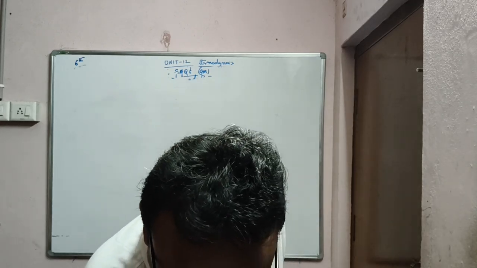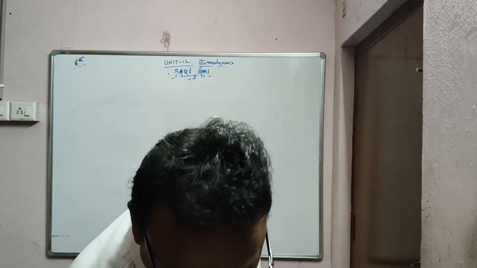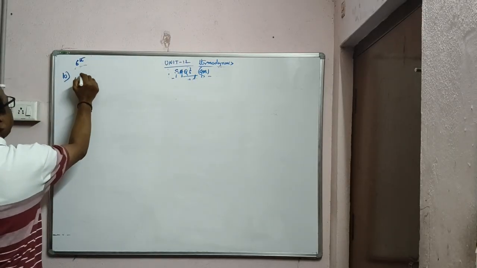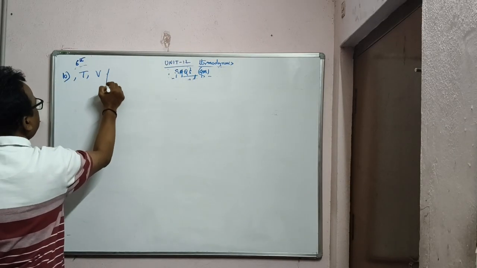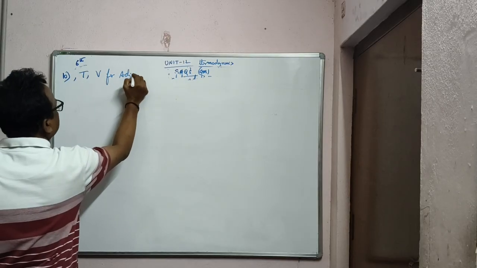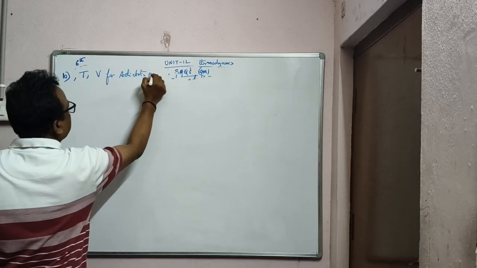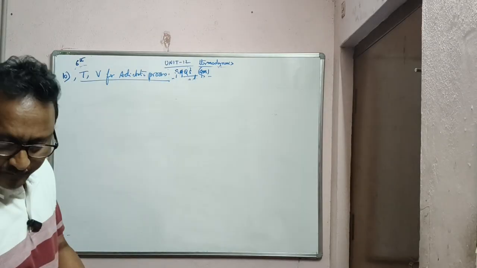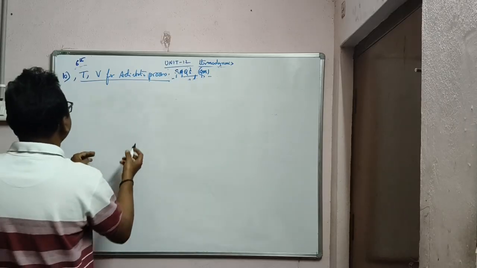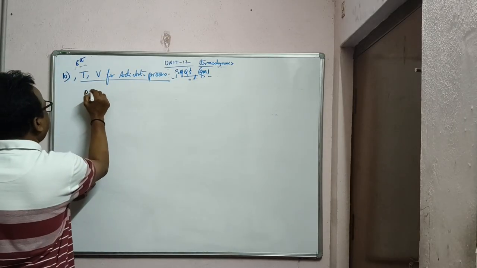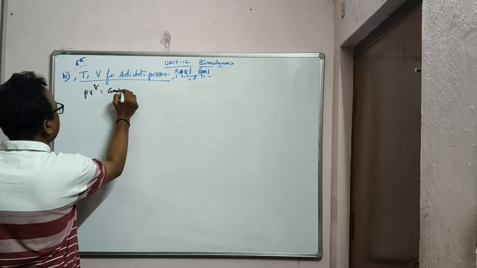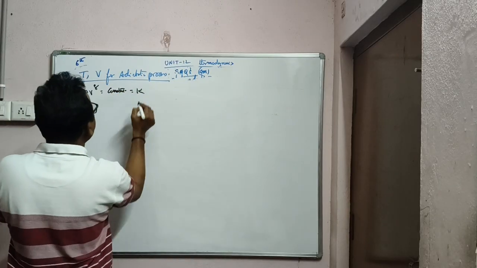Yes, 10th one. Obtain the relation between T and V for adiabatic process. See, as I said, adiabatic, look carefully: PV to the power of gamma is equal to constant.